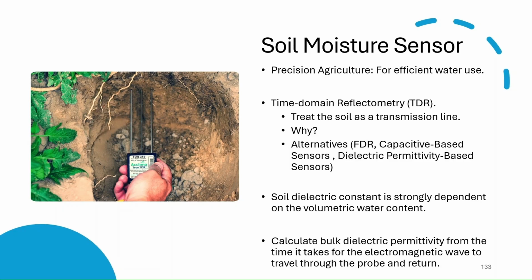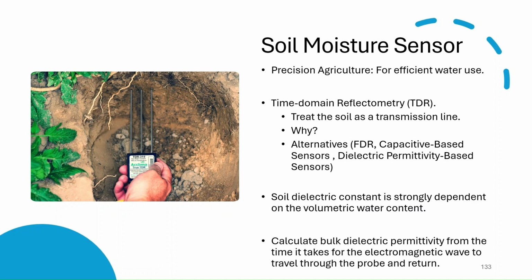Why? In the United States, it seems like this one is really commonly used. So it treats the soil as a transmission line. There are multiple alternatives, the VDR, capacitance-based sensors, dielectric permeability sensors. But right now, this one is really expensive in the market.